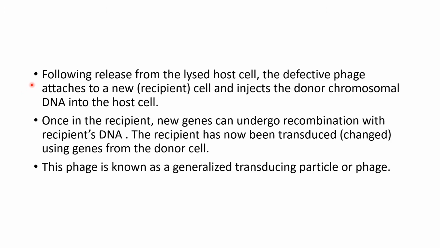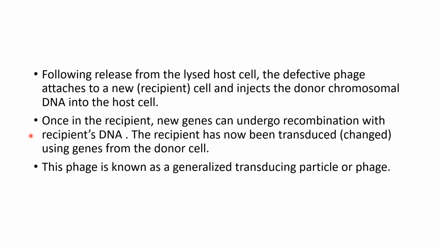So this is the continuation of the previous slide. After getting the bacterial DNA by mistake, they will be released from the host cell after lysis, and the defective phage particles will attach themselves to a new recipient bacterial cell and, as usual, inject the DNA inside this new recipient cell. But the DNA entering is not phage DNA but bacterial DNA.